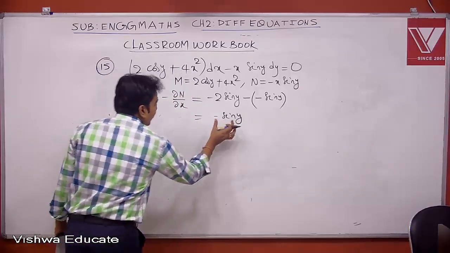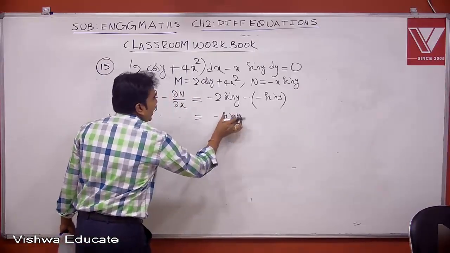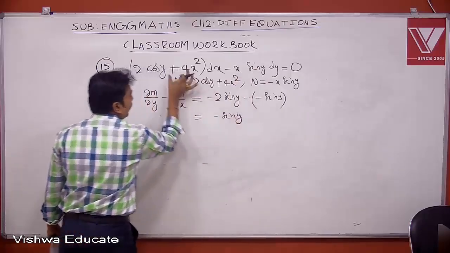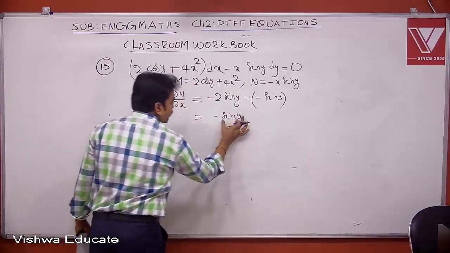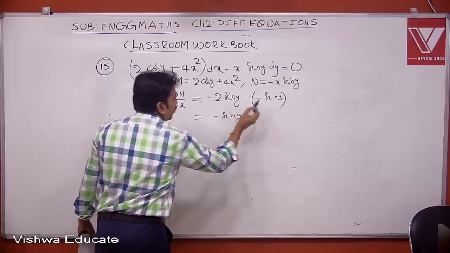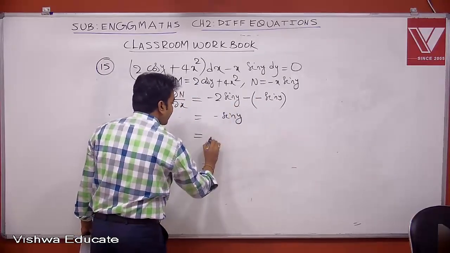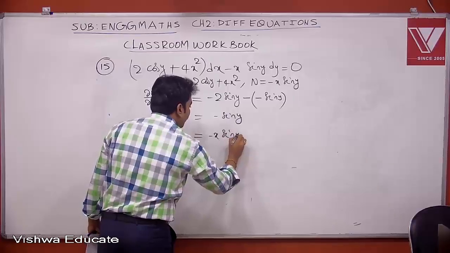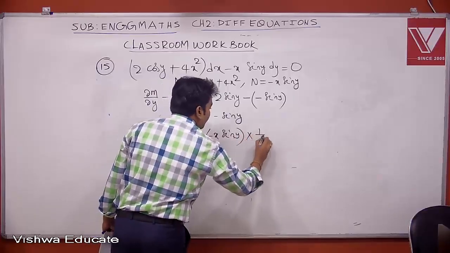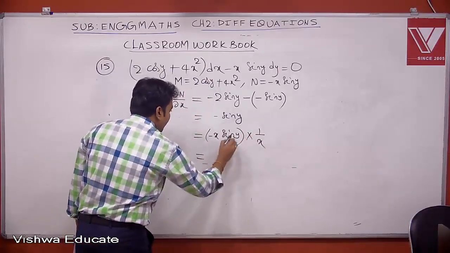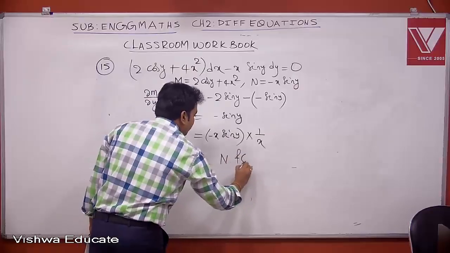Now you can see minus sin y is a part of N, but it is not a part of M. Therefore there is a chance to get this N value, but to get N, x is required. So multiply with x and divide with x. So this is minus x into sin y into 1 by x. Now this is nothing but N into f of x.